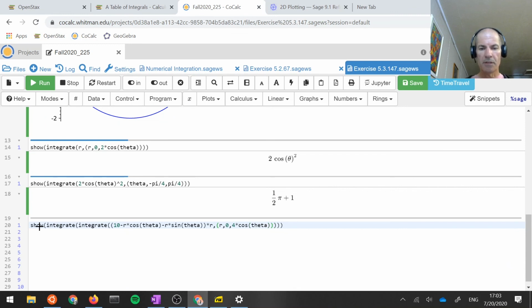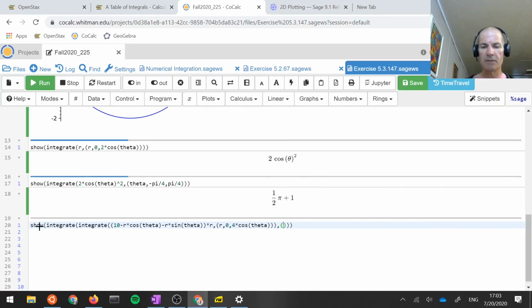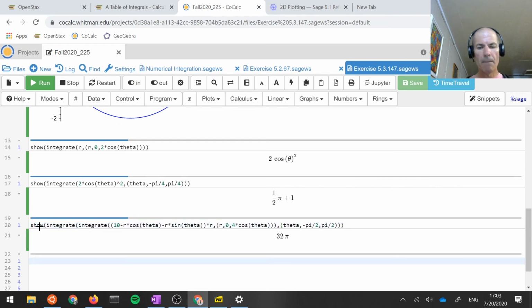And boy, I have so many parentheses here, it's scary. There and there. And then theta is going to go from minus pi over 2 to pi over 2. And cross our fingers and hope that we've matched all the parentheses. Boom, 32 pi.